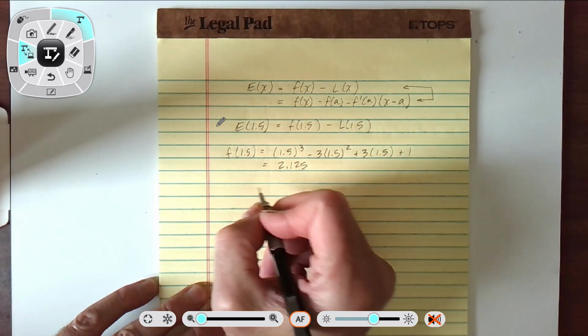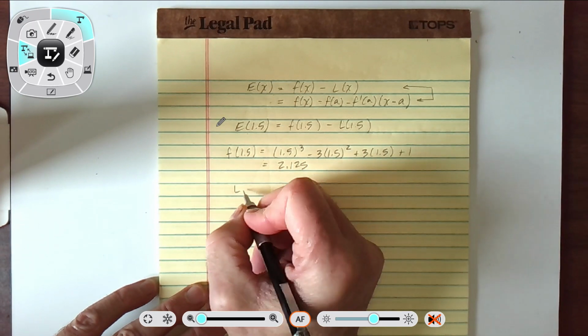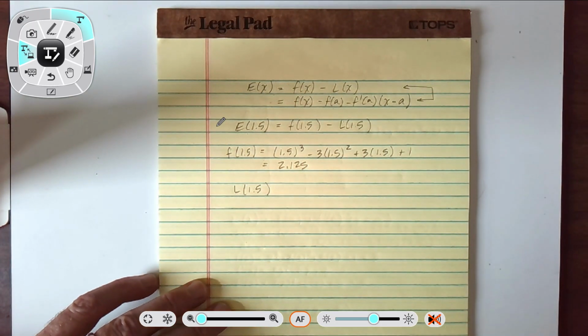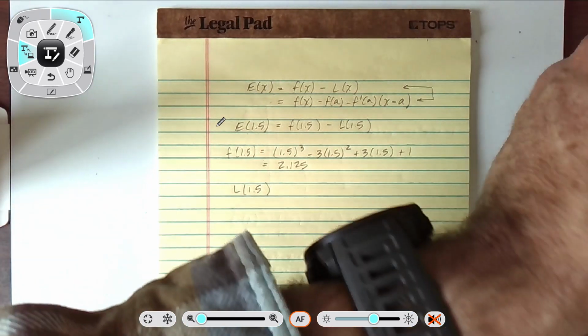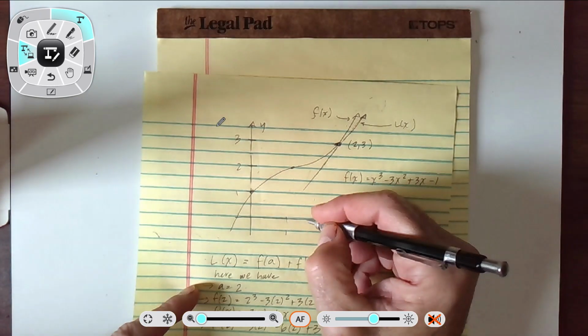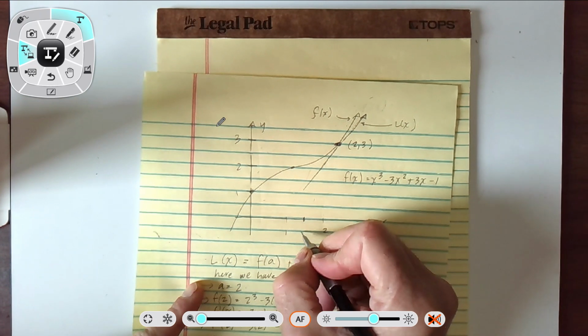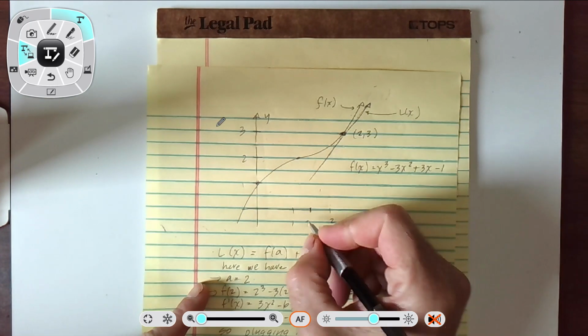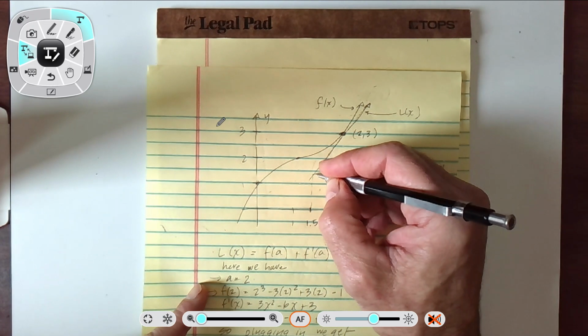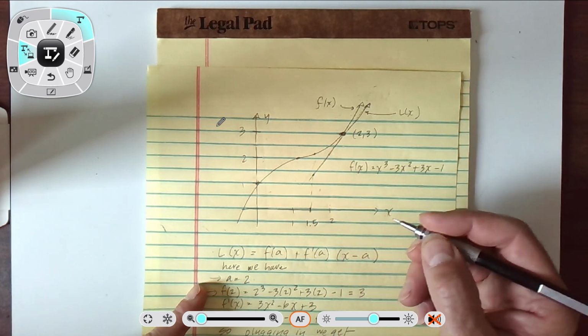And we need to also find out what the local linearization predicts at 1.5. Now, one thing you should be thinking about a little bit is what makes sense here? We're literally saying, well, here's 1.5. So if I draw up here, these would be the two values of the function.